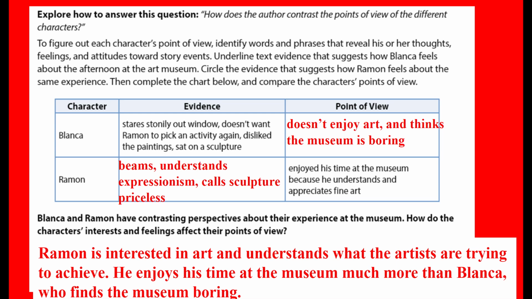So we know that she finds the museum boring because she is not interested in art. She doesn't understand expressionism, right? And she just overall kind of had a bad experience at the museum whenever they were there. So, this answer is just one of many that you could have come up with, but I want you to have a version of the correct answer.